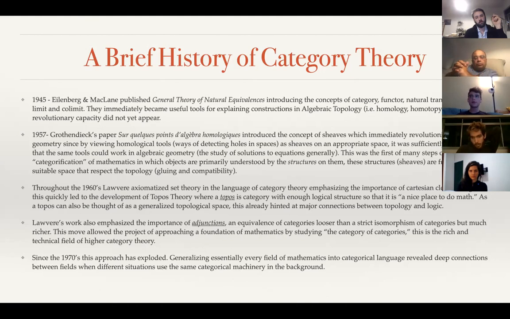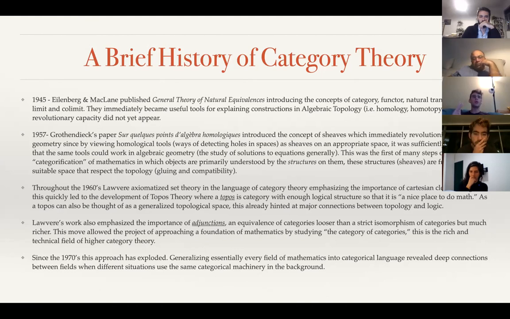Products of spaces are limits; a product is a limit of a two-point diagram. A pullback is a limit of a one-object diagram. And you have similar structures everywhere. Also, toposes, topoi, however you want to say them, are in a way generalized topological spaces, which we'll get to, which is already another hint between logic and topology.